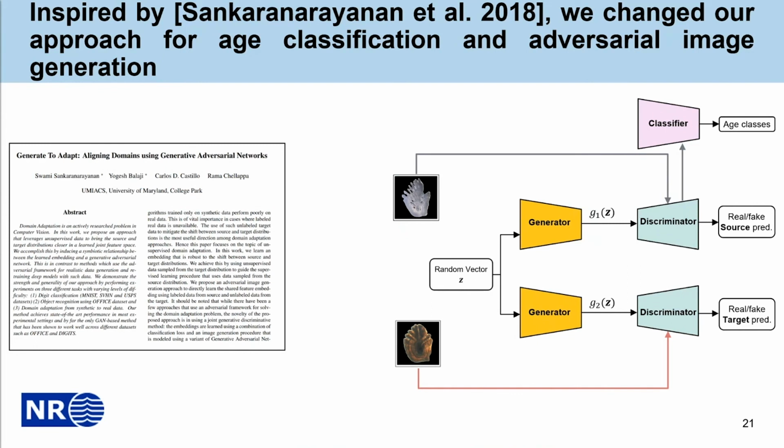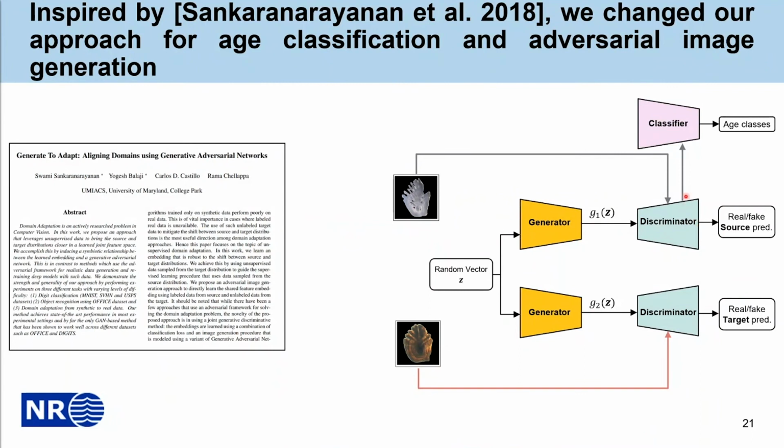So for that, inspired by the Generate to Adapt paper published in 2018, we decided to modify our training process. So originally, this is what we had. We had source images that were used in a classification branch to predict the ages. And then we had a second branch, which corresponded to the adversarial Kogan architecture.